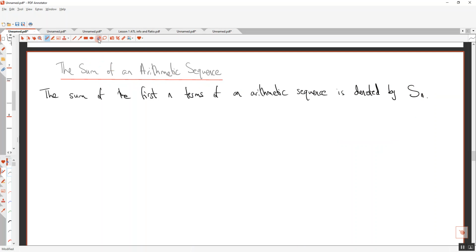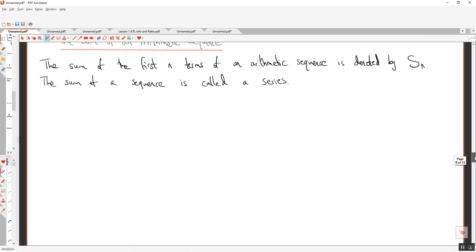So that's the sum of the first n terms. The sum of a sequence is called a series. Alright, so what we're going to do is come up with this formula together.